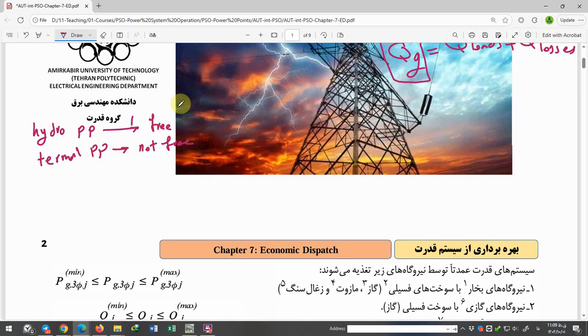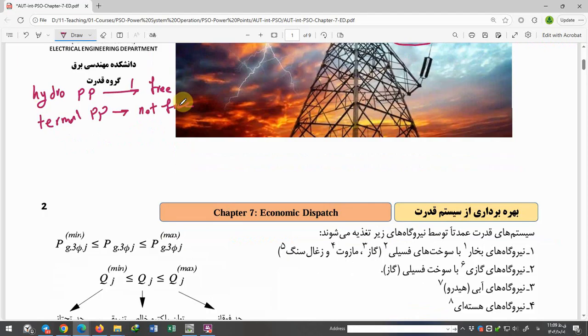And so in power system concept, we divide the hydropower plants and the thermal power plants into base load power plants and non-base load power plants.